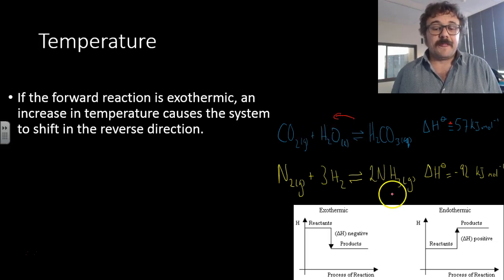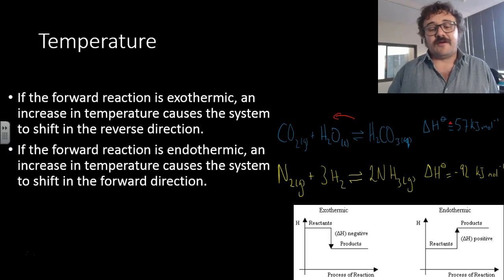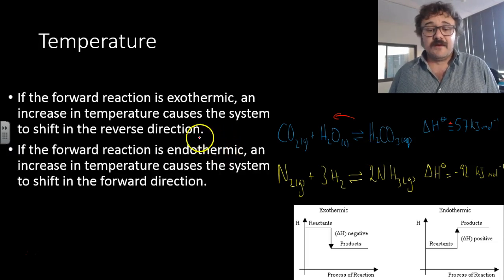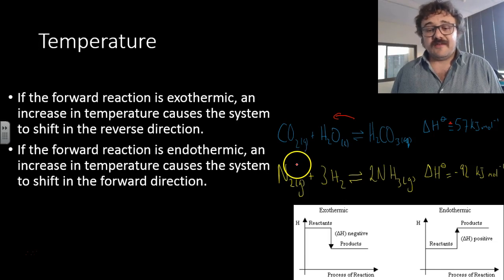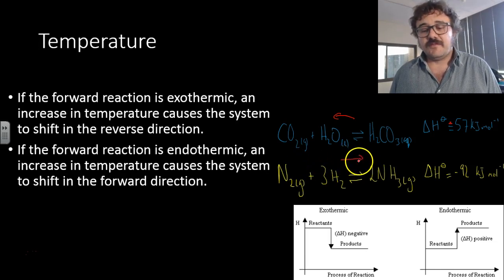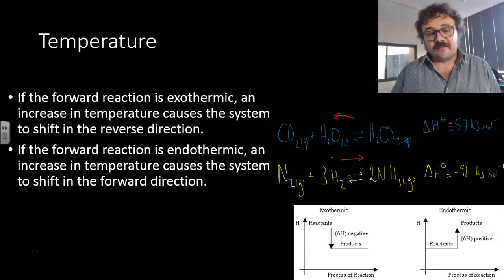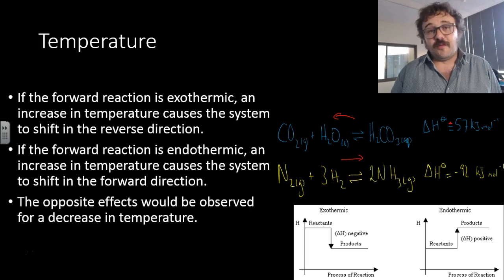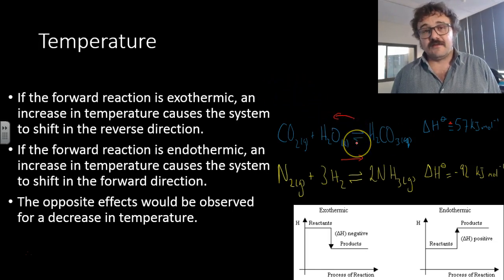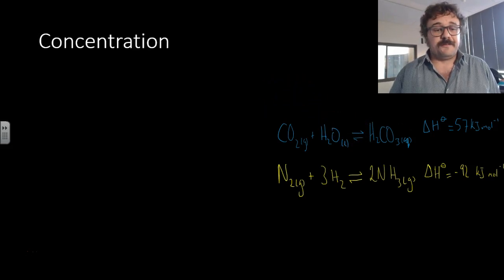If it is an endothermic reaction and we increase the temperature, remember the reverse direction in that case would be producing heat, and the forward direction would be absorbing heat. So if we increase the heat in an endothermic reaction, it will move forward because the forward direction reduces heat. Amazingly, the opposite is also true. With an exothermic reaction, if we decrease the temperature, it will move further to the right, so further in the forward direction.